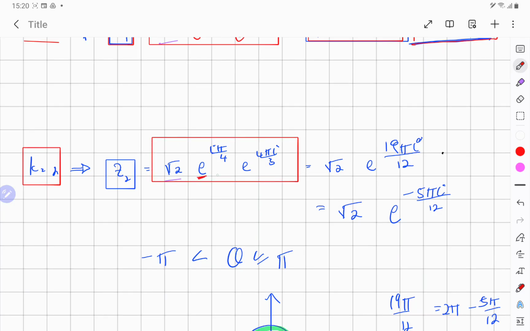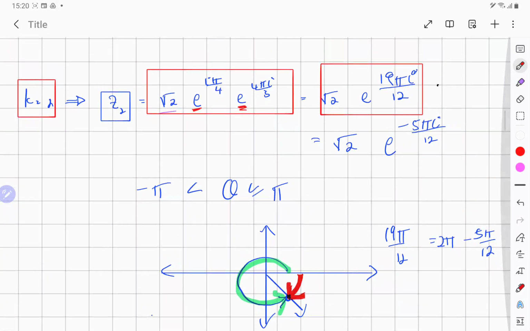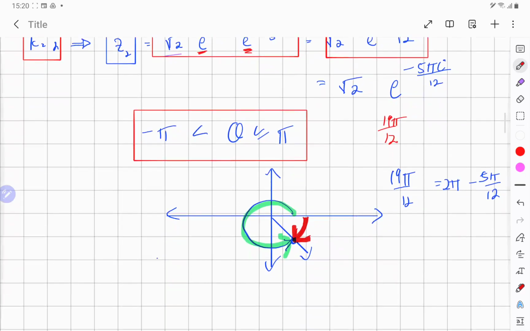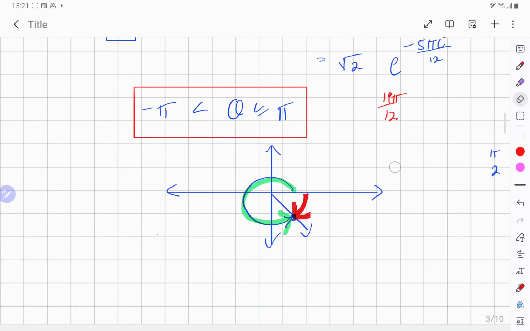Just remember again, my bases are the same. I add my exponents and this is what I'm getting. Now, what is very important, I want to know if 19 pi over 12 is in this range. So, just look what I do again.